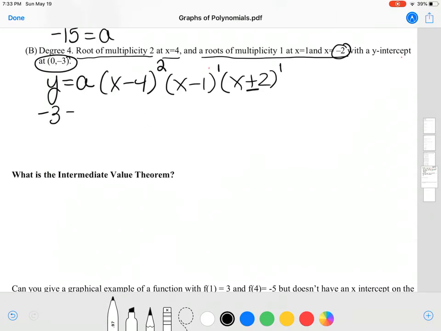So I'm going to plug in negative 3 for y, 0 for x. Whoops. That should be a 1.